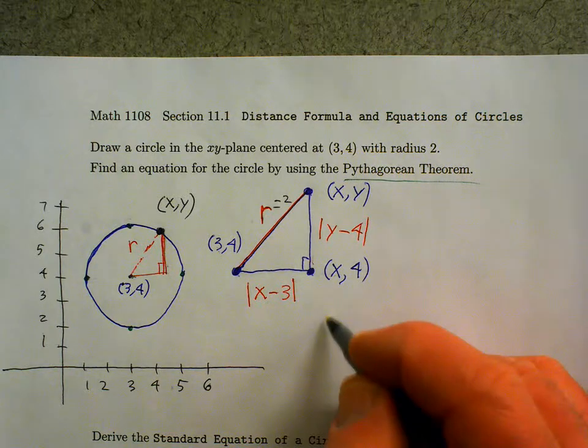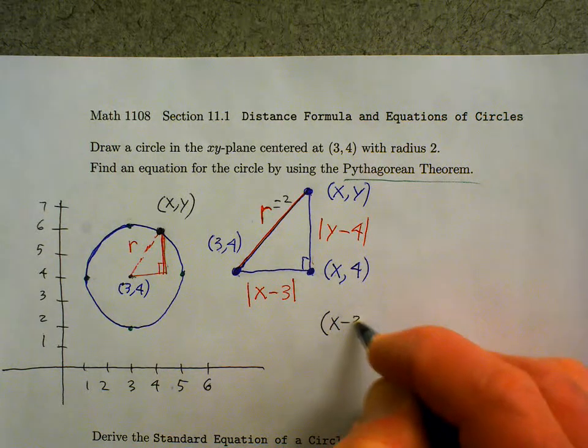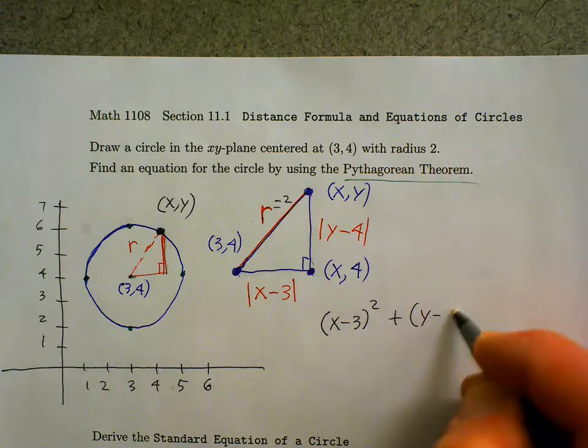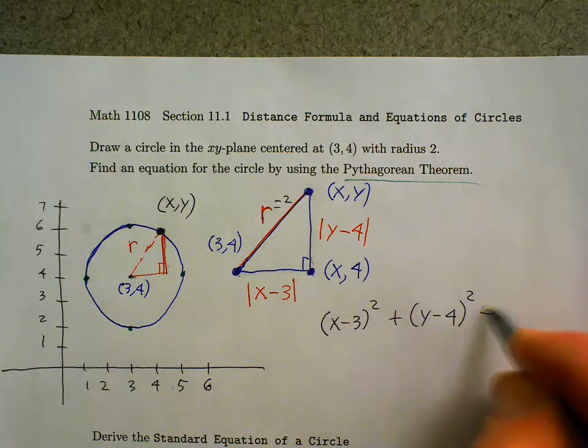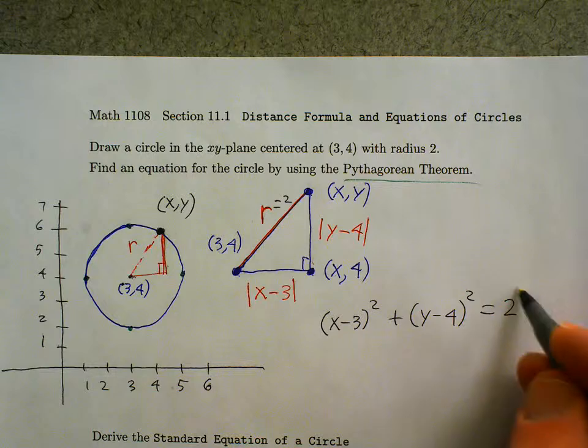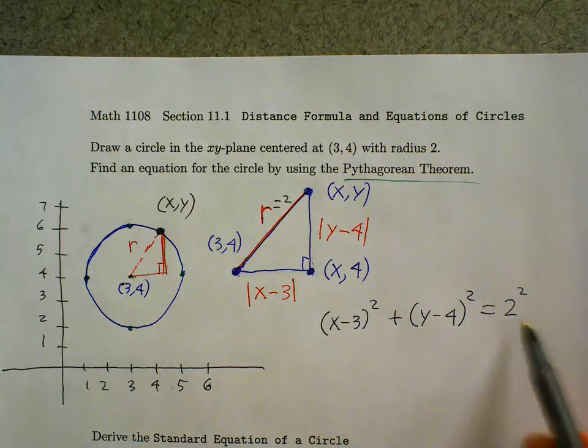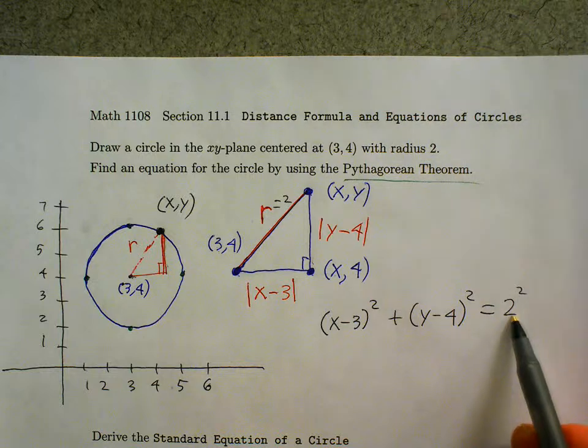Okay, so we square x minus 3. We add that to the square of y minus 4. And that's equal to the hypotenuse squared, 2 squared. And then the only thing that we simplify here is 2 squared.